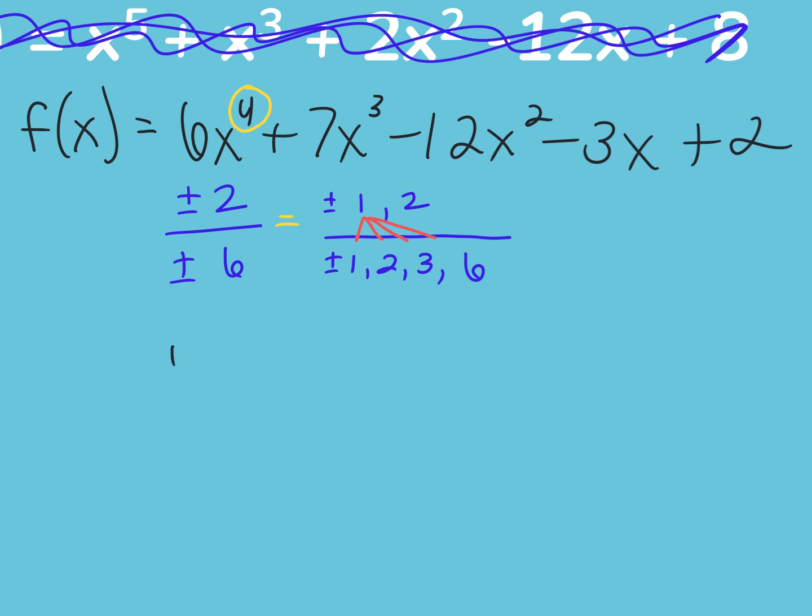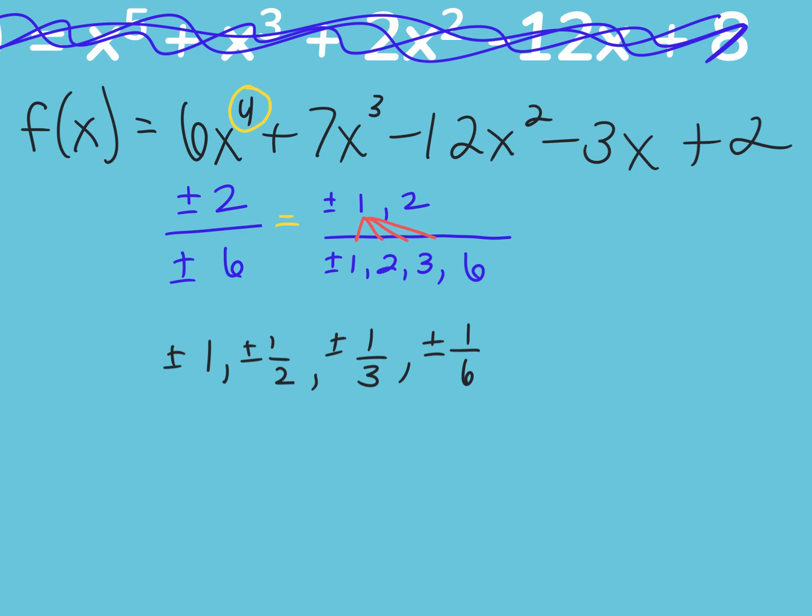Plus minus 1 over 1, which is 1. Then plus minus 1 over 2. Then plus minus 1 over 3. Then plus minus 1 over 6. You agree with that?